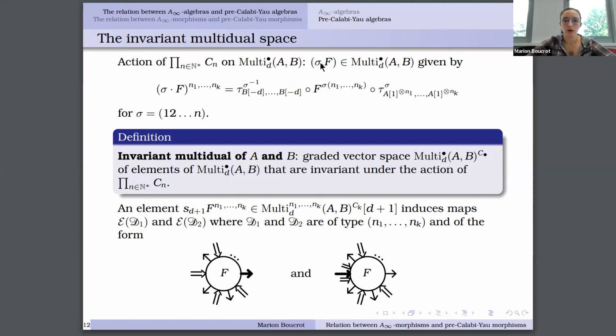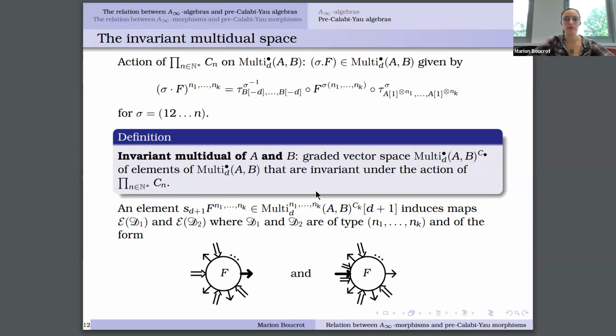Given an element in the product of all the Cn and an element F, this action is given by making the permutation of the groups of inputs, then applying the corresponding component of the map F, and then making the inverse permutation for the outputs.